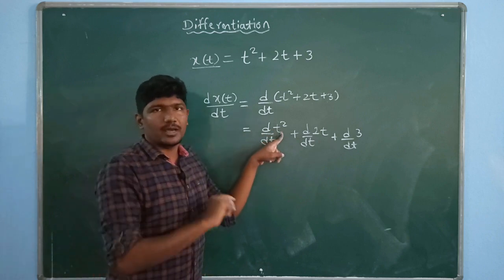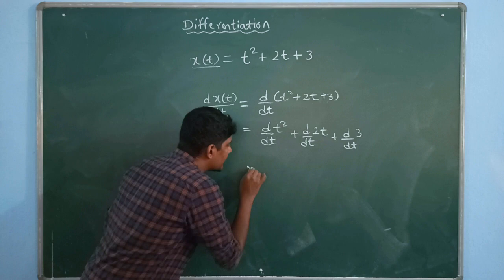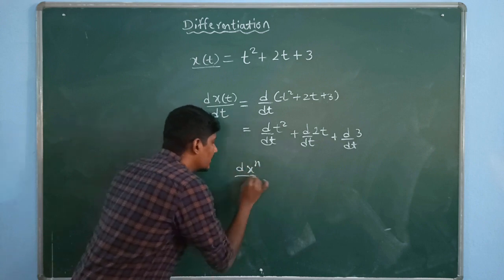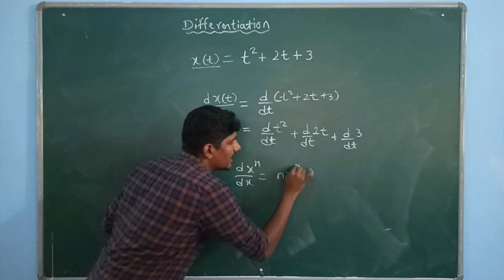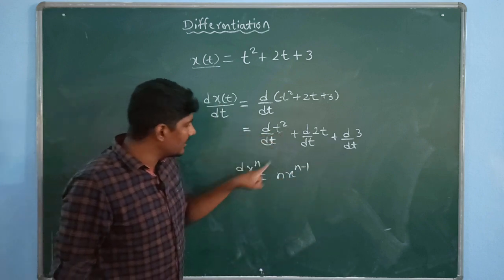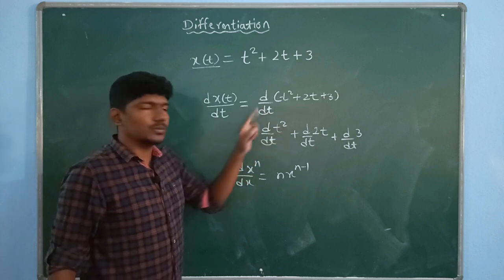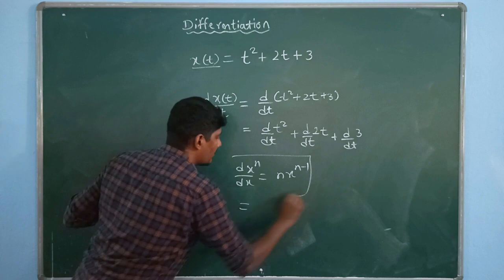Now use the formula. Which formula? X raised to n, differentiation of this one. The formula is n x raised to n minus 1. Now in place of x we have t, and in place of n there is 2.